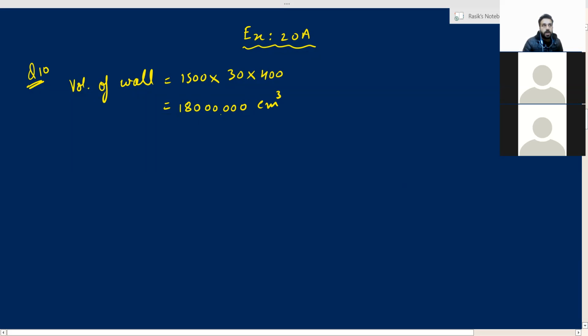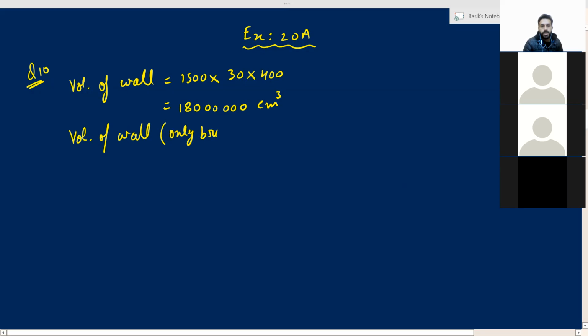Now, of this volume, the volume of mortar used in the wall is 1 by 12 of the volume of the wall. If you consider only the bricks, that means we are removing the volume of mortar from the wall.